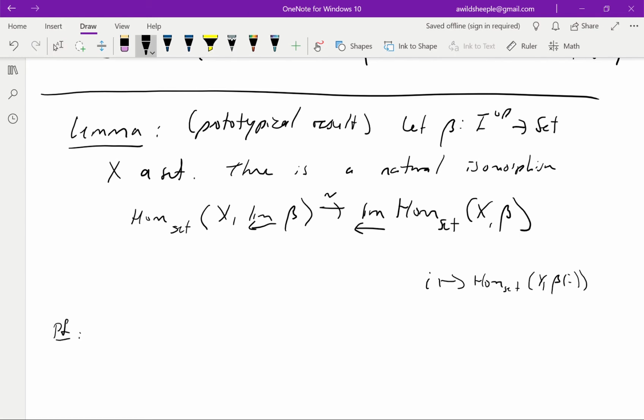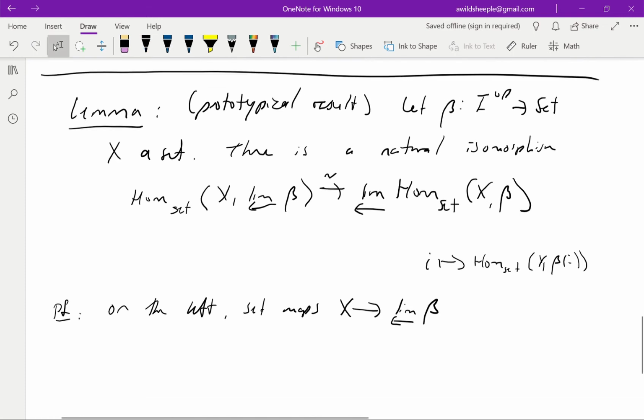On the left, we have set maps from x to this limit. And by what we just said, these are maps into a subset of this product that obey these relations, the compatibility conditions coming from the arrows of I.